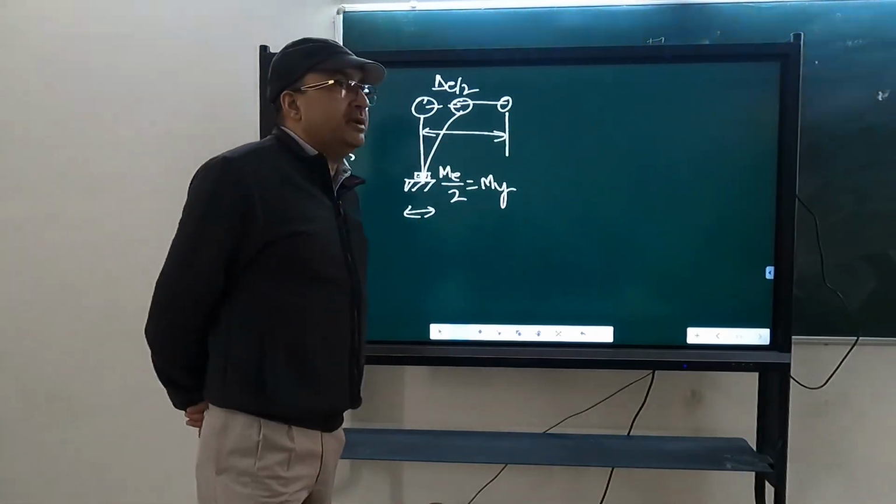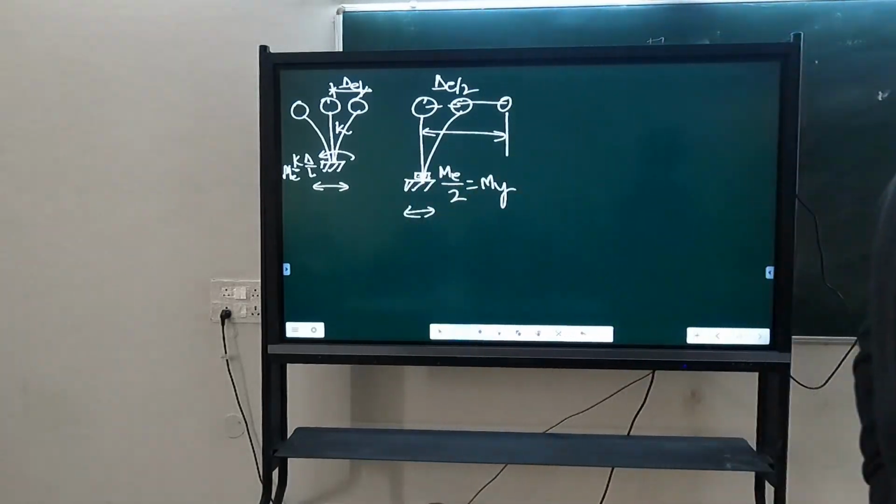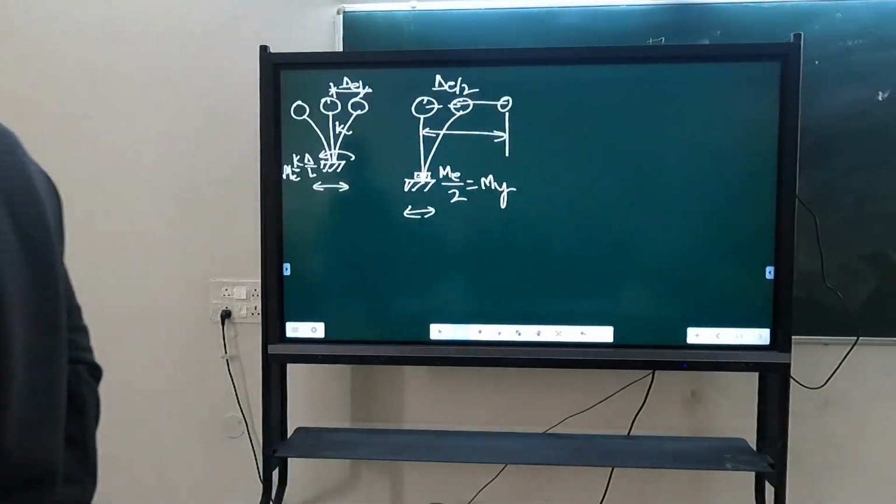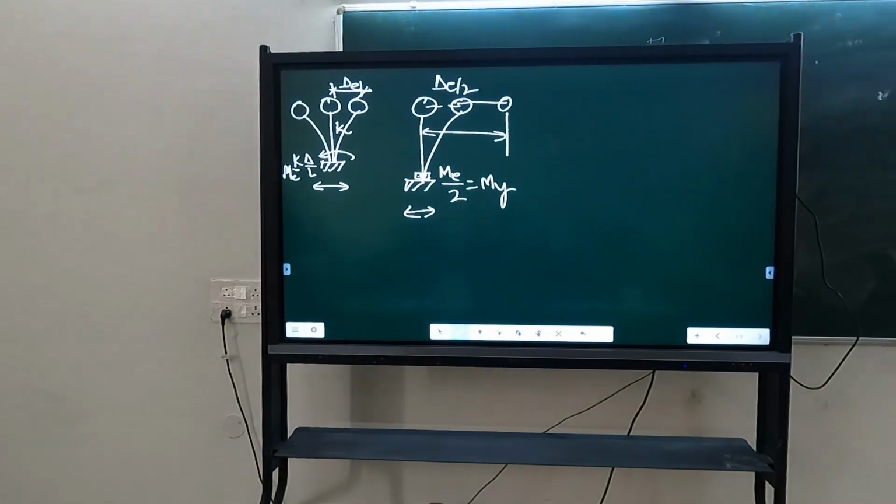Will it be equal to delta E? More than delta E, less than delta E? You know, I have told you this in the last semester. How much will be this displacement? More than delta E?